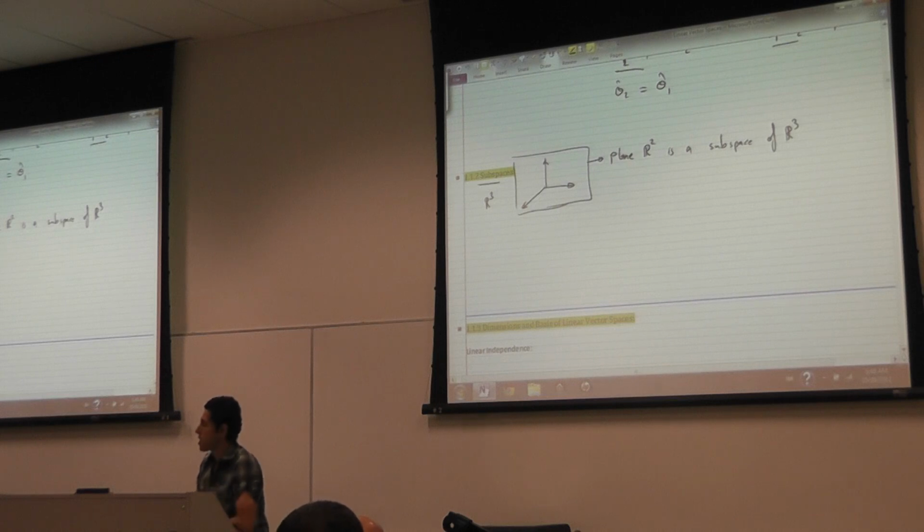So it's a space within a space. The subspace inherits the properties of the space. So the definition.